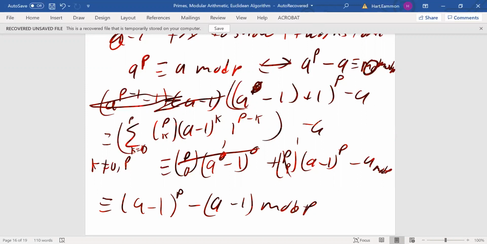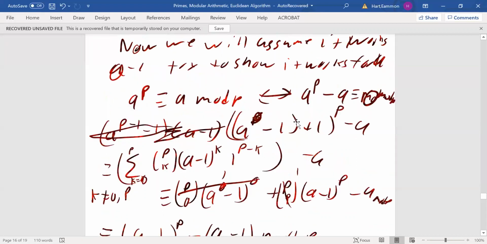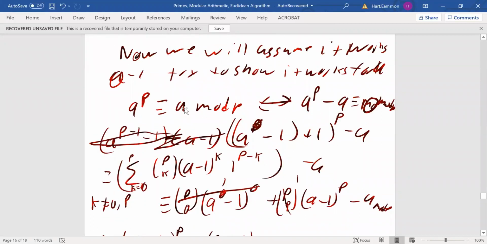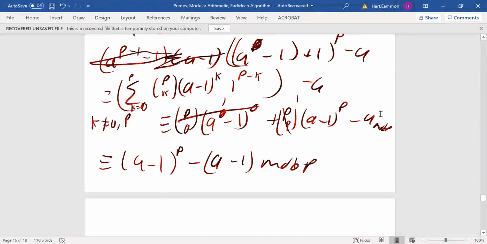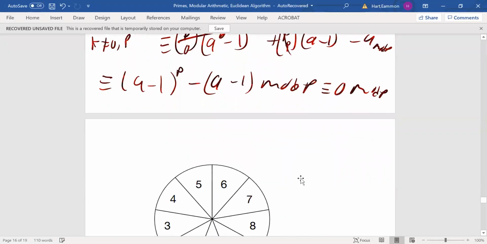We assumed for the case a minus 1, we have a minus 1 to the p is equal to a minus 1 mod p, which is still, again, equivalent to a minus 1 to the p minus a minus 1 is equal to 0 mod p. So then this guy has to be congruent to 0 mod p, because I now have 0 minus 0 mod p by just basic addition of modular arithmetic.